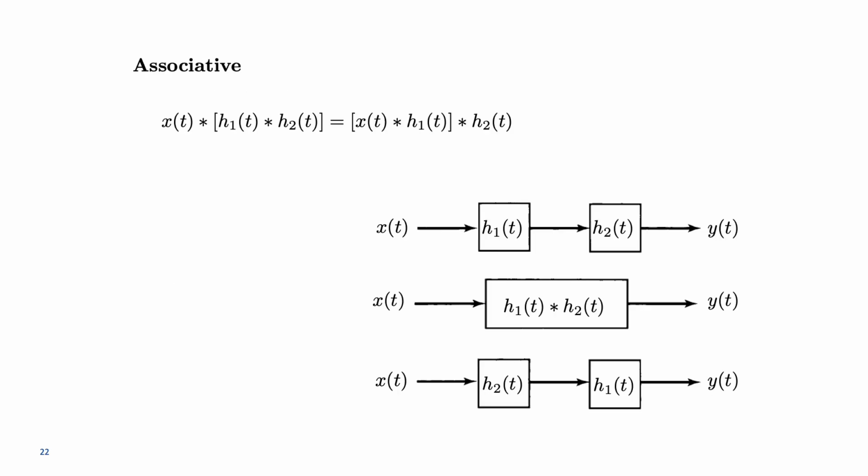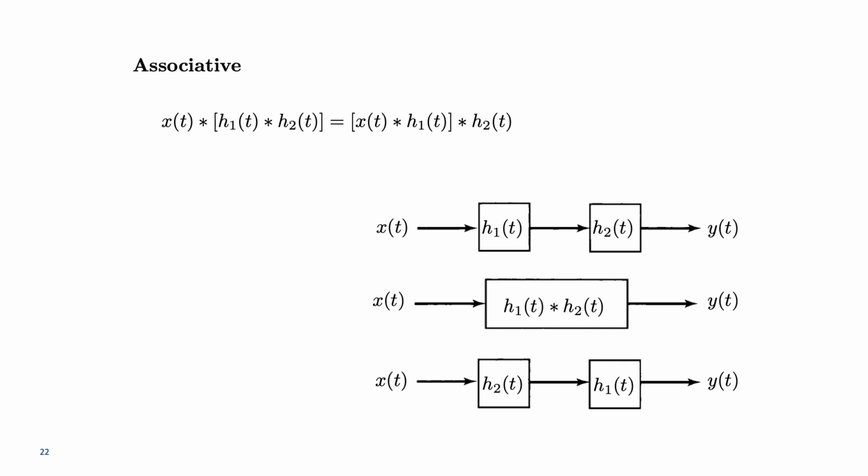Yet another useful property of convolution is that it is associative. So this means that the order in which we perform a convolution doesn't matter. As a consequence, the impulse response of a cascade of two LTI systems, like in the figure, will be the convolution of the two respective impulse responses, and the order in which they are cascaded doesn't matter as far as the overall system impulse response is concerned.